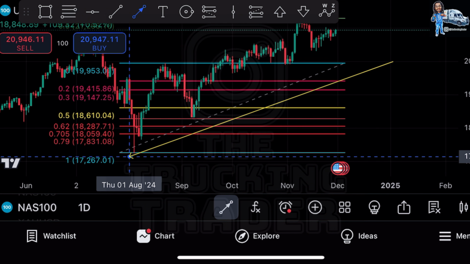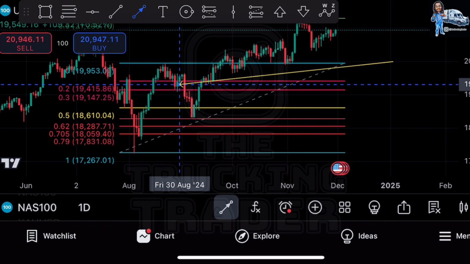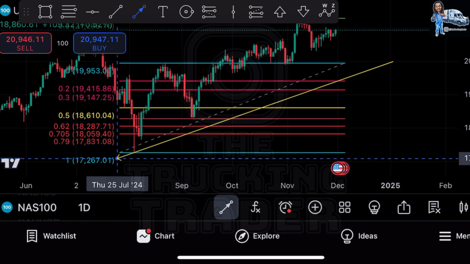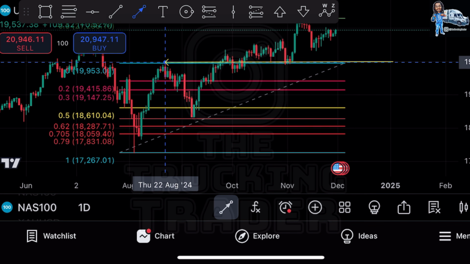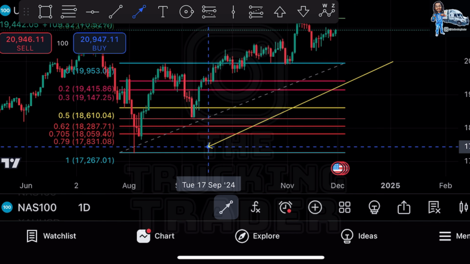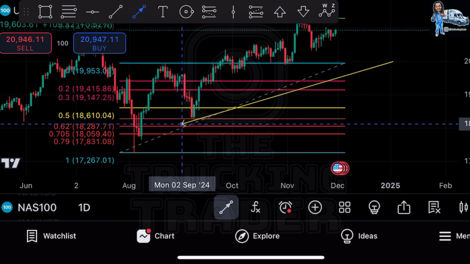So when the market made this swing low right here, and then it came up and made this swing high, when we put our fib on that, anything below 50% is the discount zone, right? So think about it: if you're buying something, you typically want to be buying it at a discount. And that's the same way that we look at things in the trading world, right? If you want to be a buyer, you want to buy at a discount.